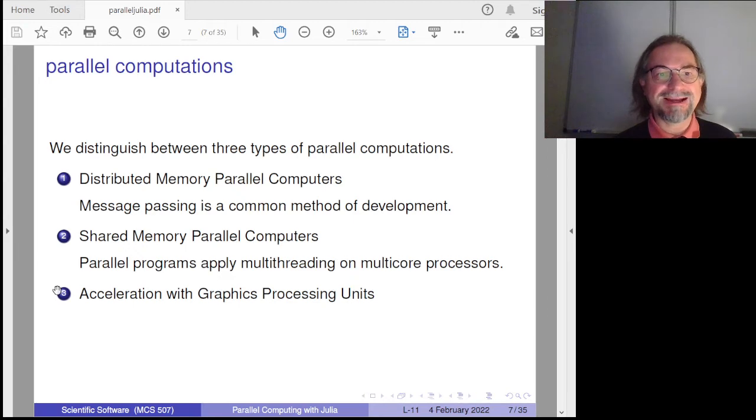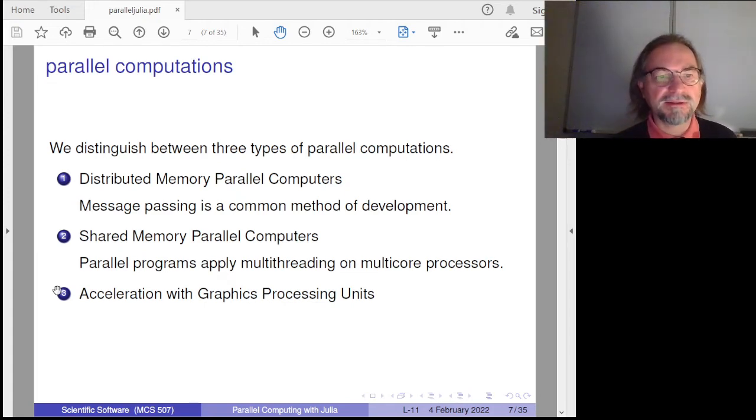But typically in that model of computation, one considers distributed memory modules. To go from one memory module to another memory module, one needs the intervention of the processor managing that particular memory module. So a picture here would be quite useful.